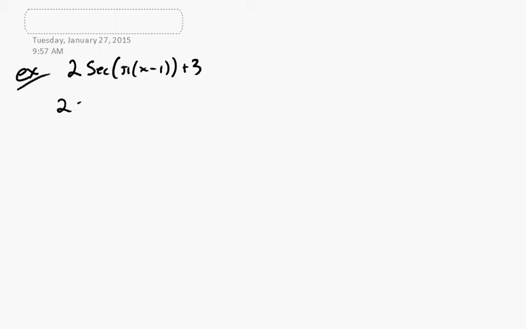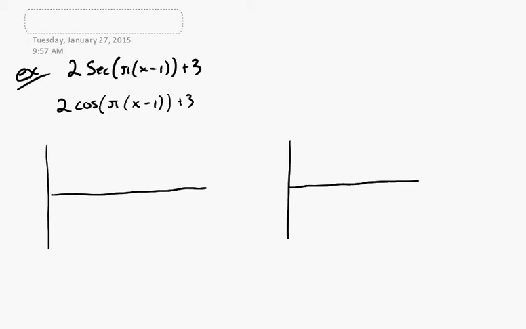Since it's secant, we're going to look at all the same transformations, but with cosine. Okay, we're going to graph that here, and I'm actually going to do 2 graphs to help us here. The first graph, I am not going to do any horizontal or vertical shifts. So the first graph, I'm going to worry only about my A and my period. Then after that, we will be able to shift right 1, as this says, and up 3. It might make this easier.